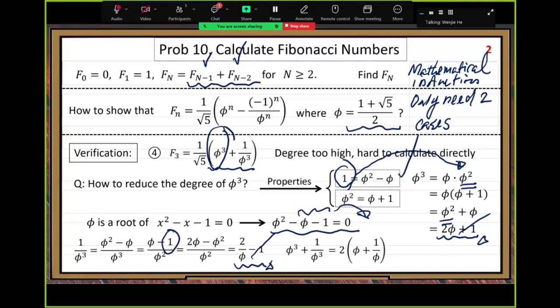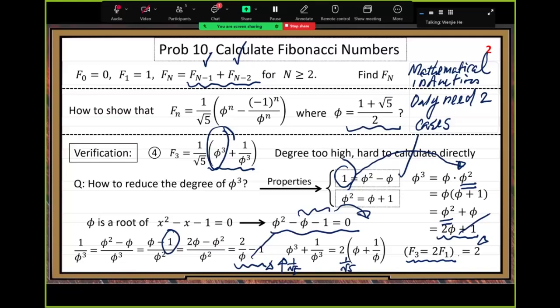If we multiply this new representation by 1 over root 5 on both sides, we get F3 equals 2 times F1, because the F3 expression equals the F1 expression.